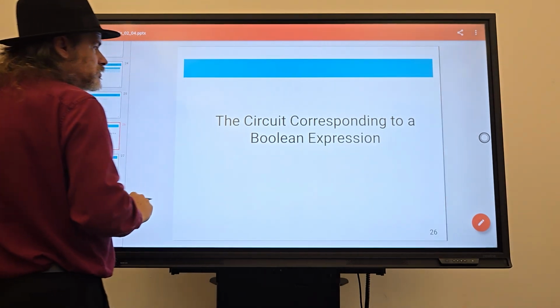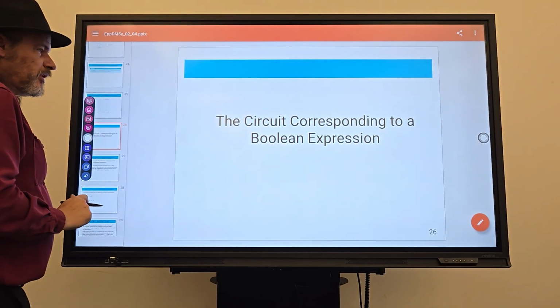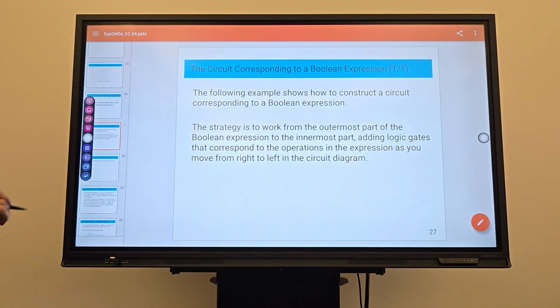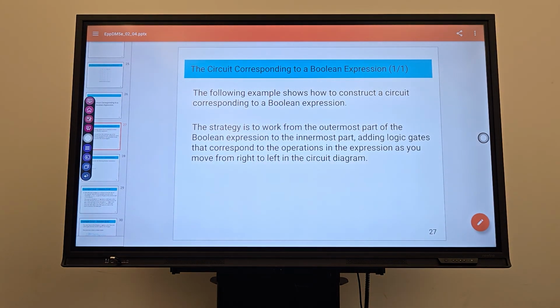All right. The circuit corresponding to a Boolean expression. It works the opposite as doing it from a circuit to a Boolean expression. I mean, a Boolean expression to a circuit, they're opposites.